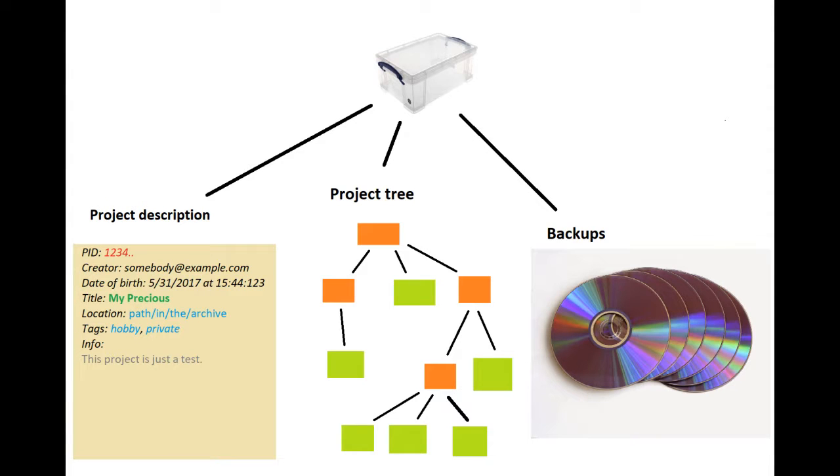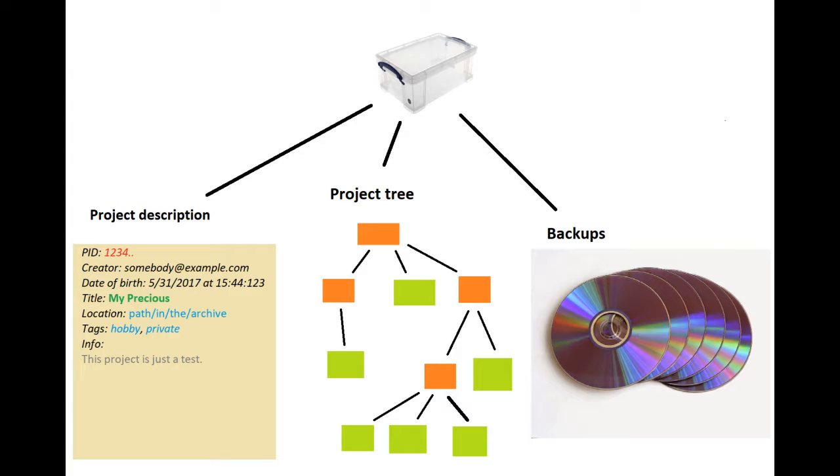Recall that we defined a project as a unit made of 3 parts: a project description, a project tree, and a series of backups. But to be more precise, this is only the definition of an active project in the workshop. Only the active project has a project tree, which resides under its PID named folder in the workshop.